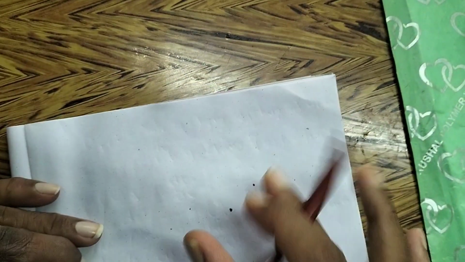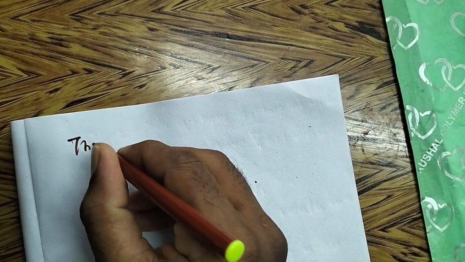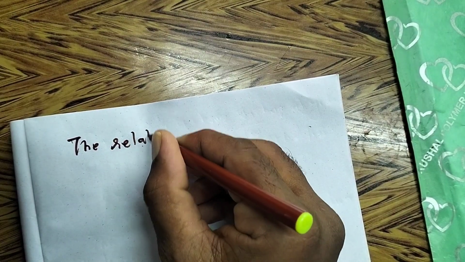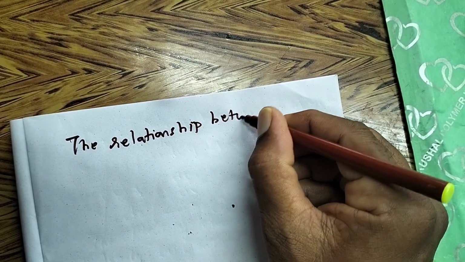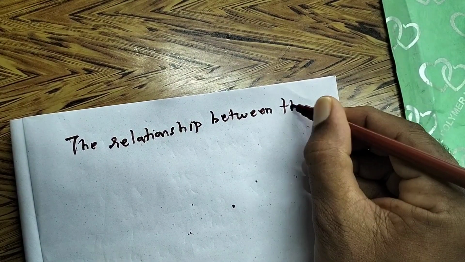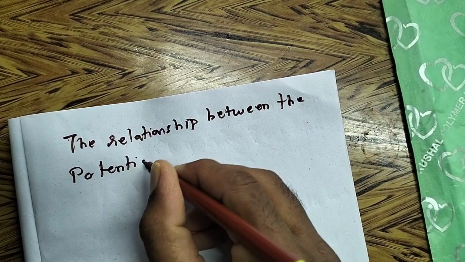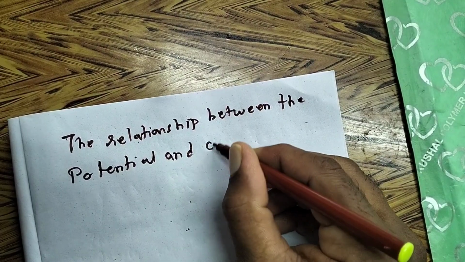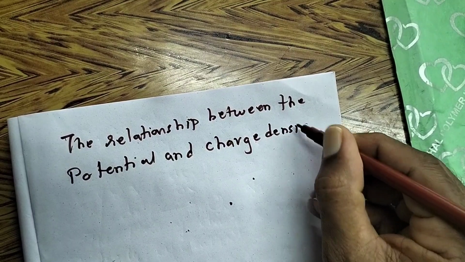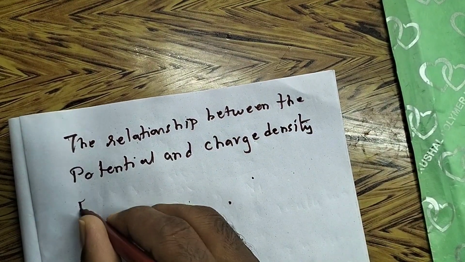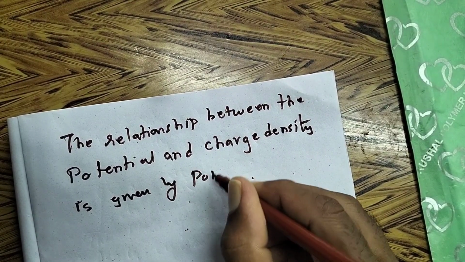So to prove that equation, I need to take the relationship between the potential and charge density, which is given by Poisson's equation.